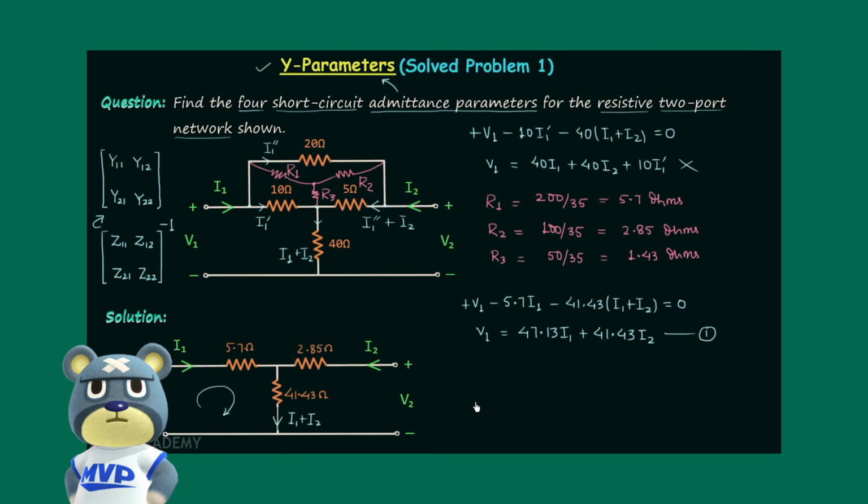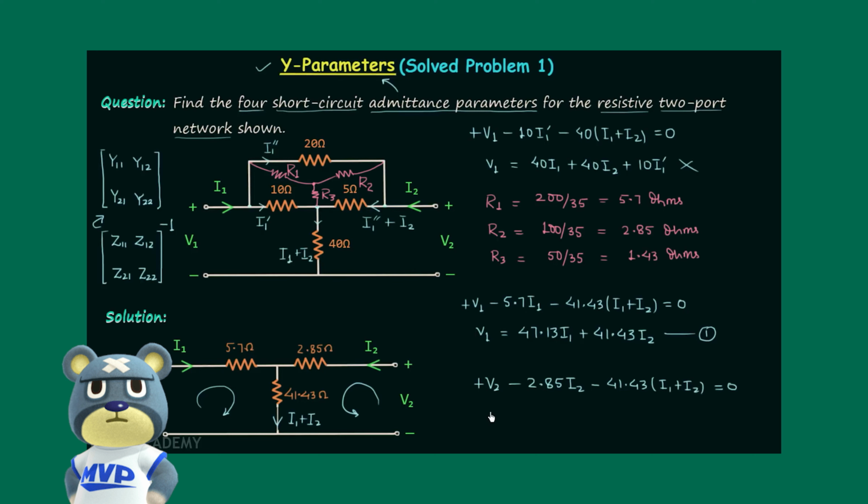Now we will obtain the output KVL equation, and for this we will apply KVL in this loop. We will have plus V2, then minus 2.85 multiplied by I2, then minus 41.43 multiplied by I1 plus I2 equal to 0.